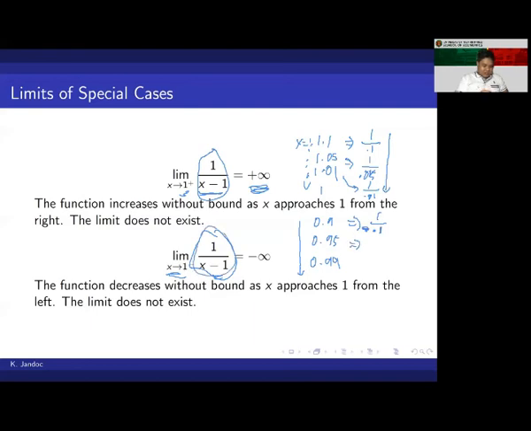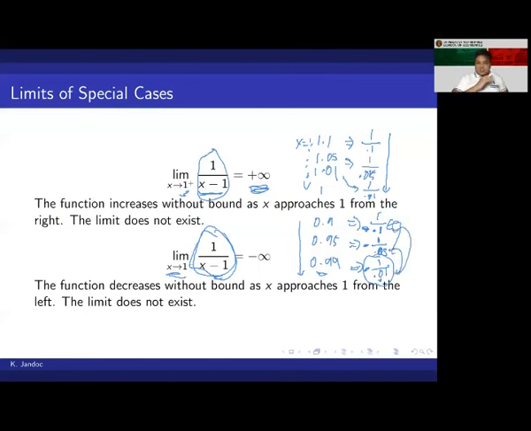If x is 0.95, then this is 1 divided by 0.95 minus 1, which is negative, and a bigger number compared to this one. If we go further, 1 divided by 0.99 minus 1, we have negative 0.01. So this value is a bigger negative number than this one and this one.